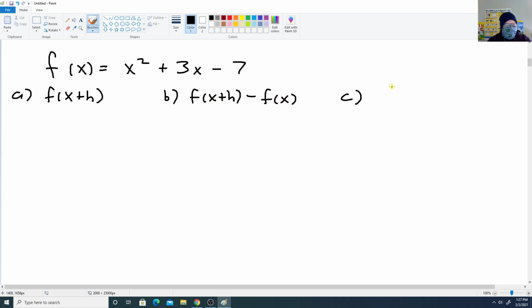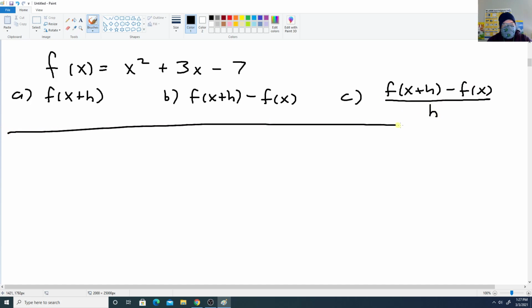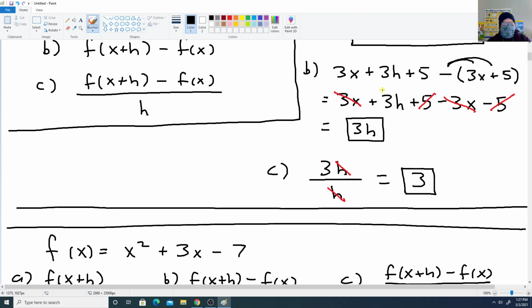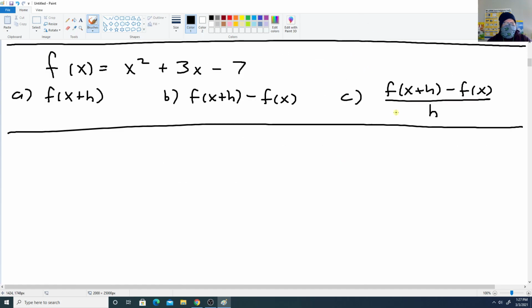And part C, I want to find the full difference quotient, f of x plus h minus f of x, all that over h. So it's the same A, B, and C. I'm writing it a little bit different than I did in the first problem because this is going to be longer and there won't be enough room to write it out in the same space that I had here.